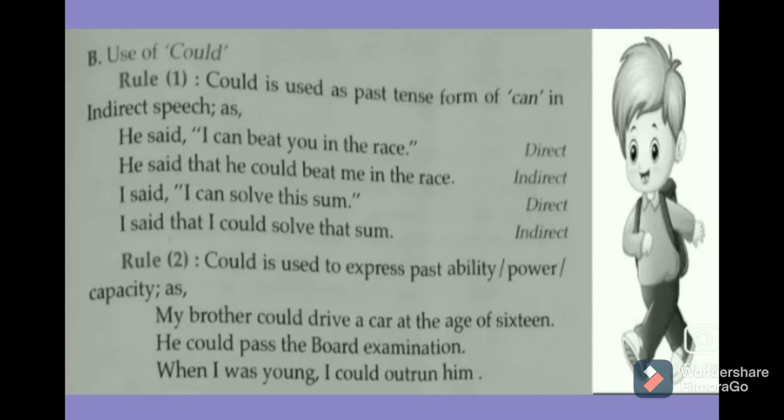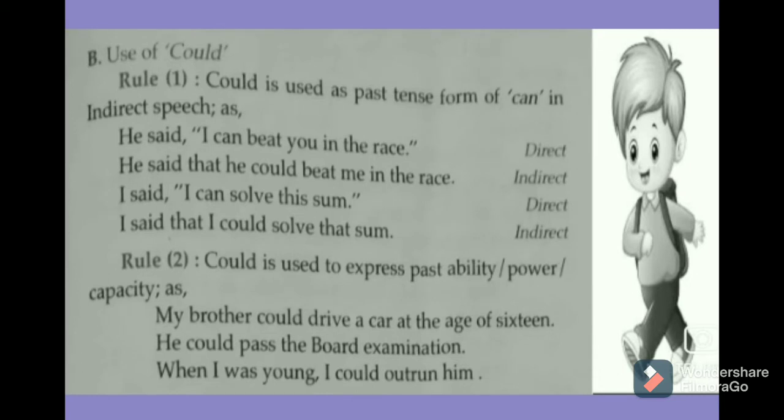Children, you would have studied direct and indirect speech in class 8th also. You can see in direct speech, the sentence is written, he said, I can beat you in the race. If you change this sentence into indirect speech, it will be: he said that he could beat me in the race. Can will be changed into could.